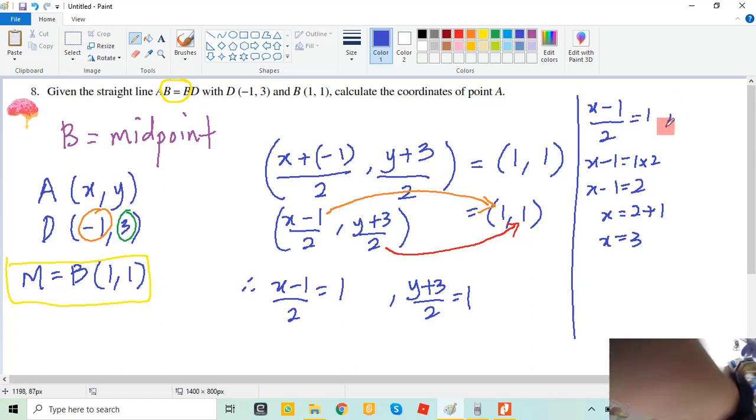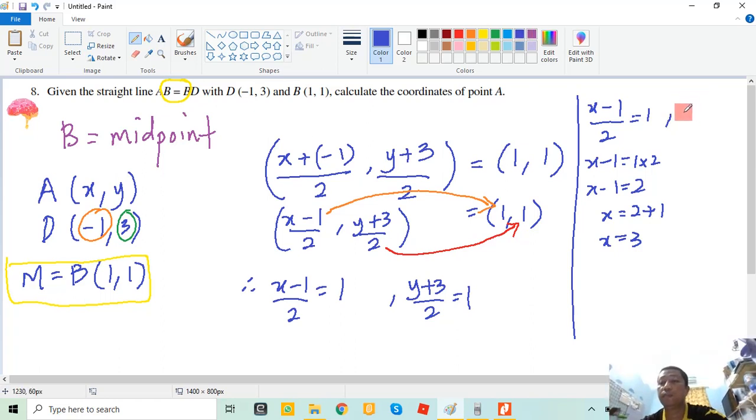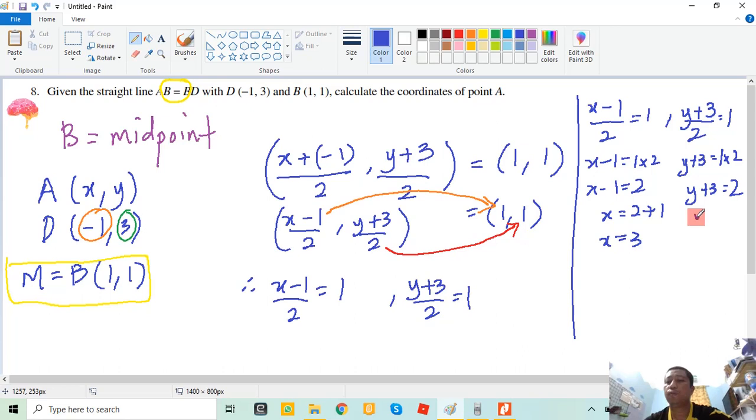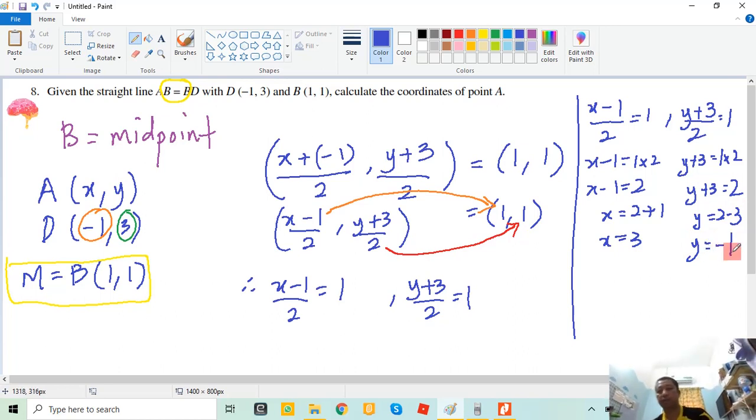And then for y. y plus 3 over 2 equals 1. So y plus 3 equals 1 times 2. So y plus 3 equals 2. y equals 2 minus 3. y equals negative 1. 2 minus 3 equals negative 1.